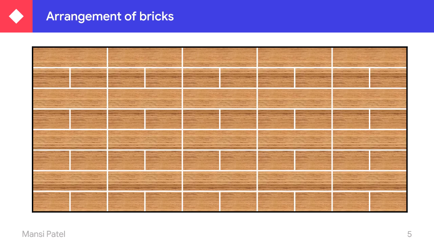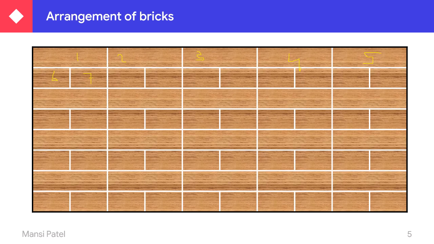So here you can see that this one is the first, then the second brick, this is the third brick, this one is the fourth, this one is the fifth. When they have to put the sixth brick, they just divide it into small portions. They just cut that whole brick into two parts.